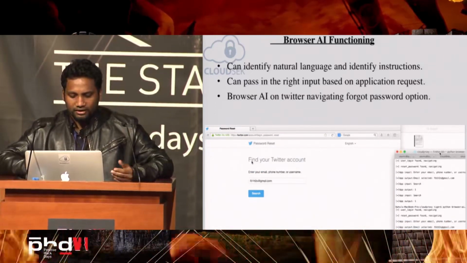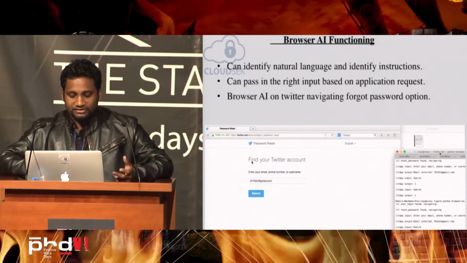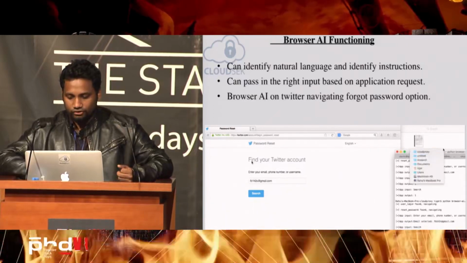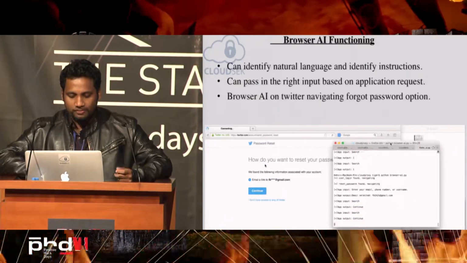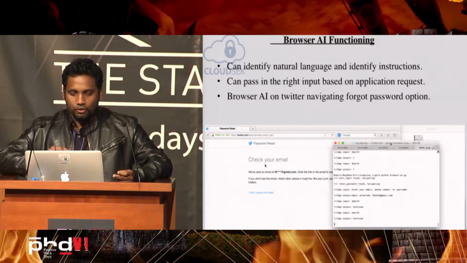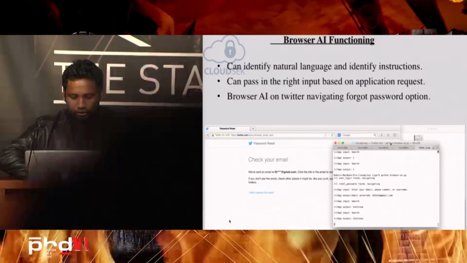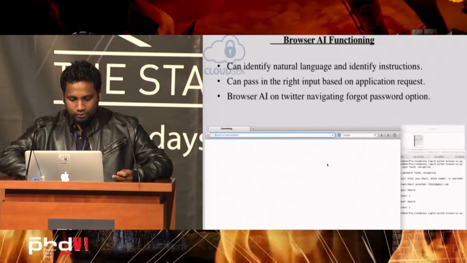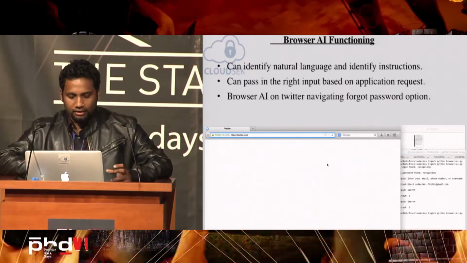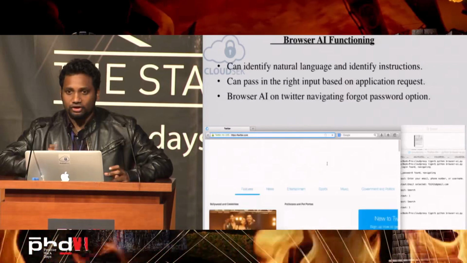Here it understood that the application is asking for 3 different options: phone number, username, or password. So it enters an email address, and there were 3 different steps in order to trigger all the requests, and it successfully was able to interact with all the different options.